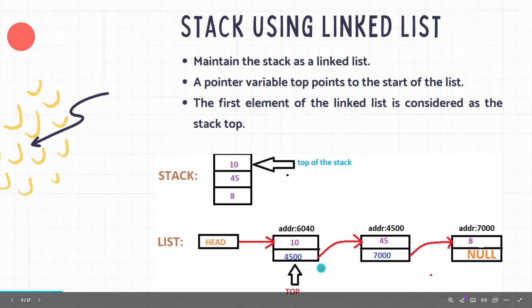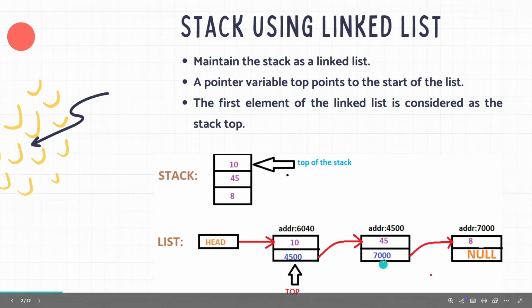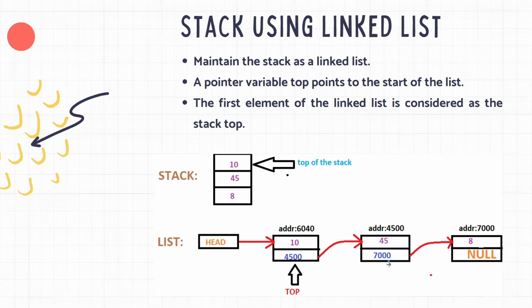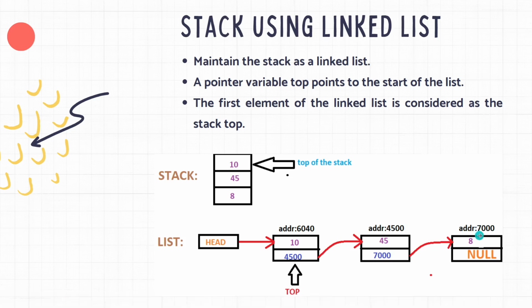So here you see the linked list has 3 nodes, and the first node has a value of 10 and it is the topmost element, and so the pointer top points to it, and the first node has an address of 4500, which is of course the address of the second element in the list, and it has a value of 45 and it has an address of 7000, which is of course the address of the third element in the stack or the list now.